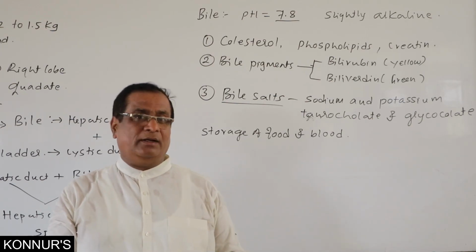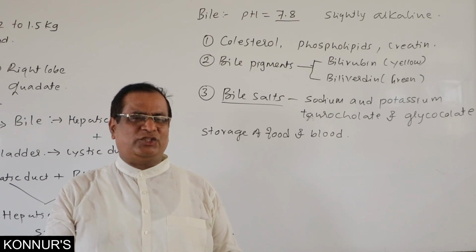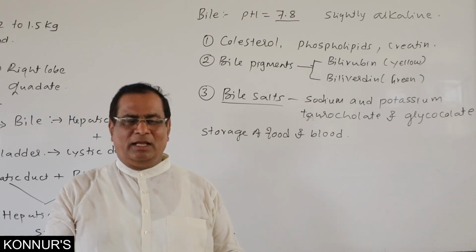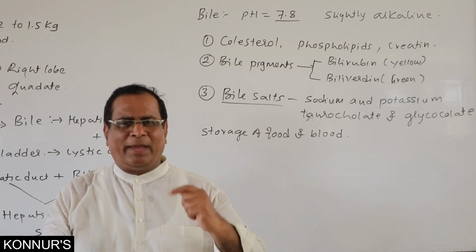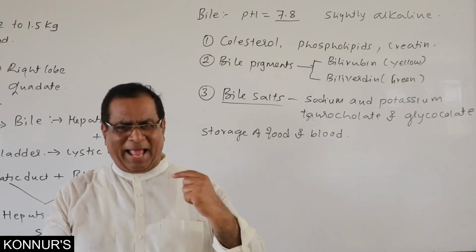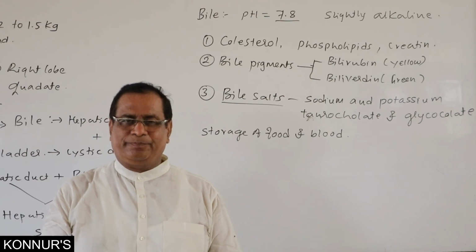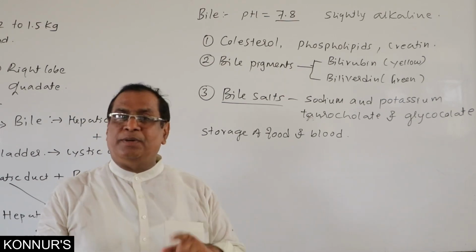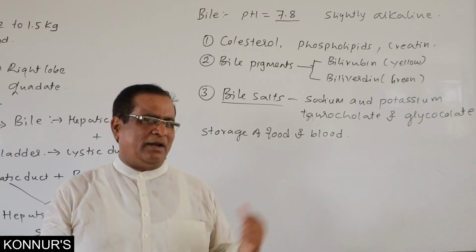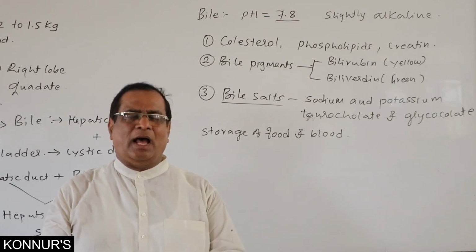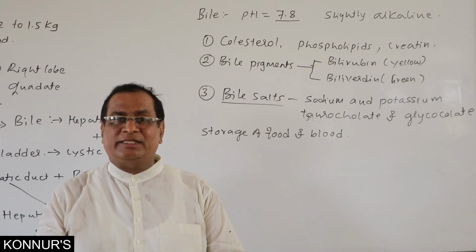You must remember, blood is stored in the liver. Blood is produced by the red bone marrow cavity of a bone, and blood is pumped by the heart, and at the end the RBCs present in the blood are destroyed in the spleen.